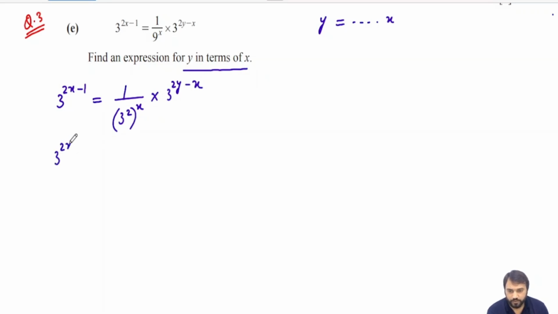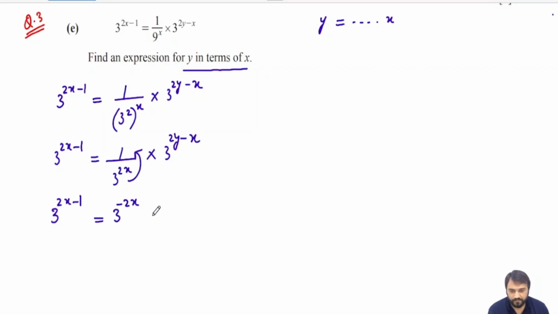So 3 raised to power 2x minus 1 is equal to, first of all, multiply the powers, it will be 3 raised to power minus 2x into 3 raised to power 2y minus x. When it moves, the sign of the power changes.